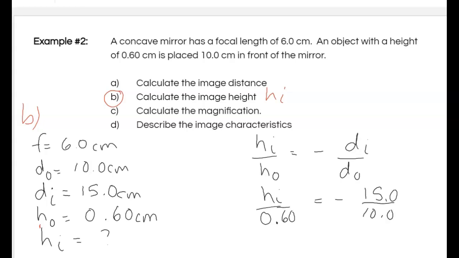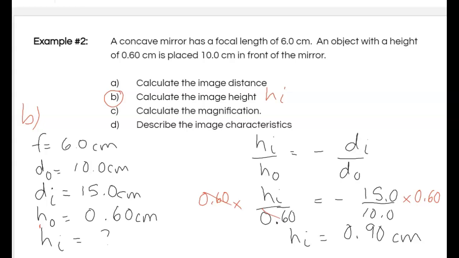In this case, that negative is there as part of the formula, and neither of the values I'm putting in here are negative. So let me isolate HI. I'm going to multiply by 0.60 on each side of the equation in order to cancel it out on the left hand side, and that allows me to solve for HI. I'm getting for HI 0.90 centimeters. That's what I'm getting for the height of my image.